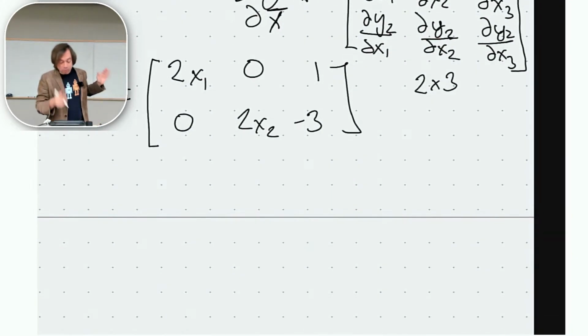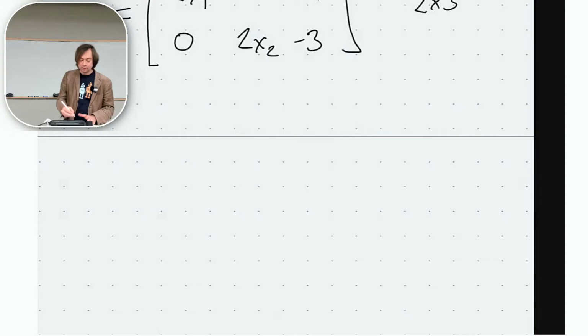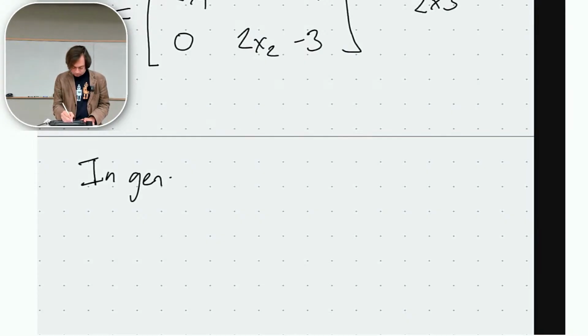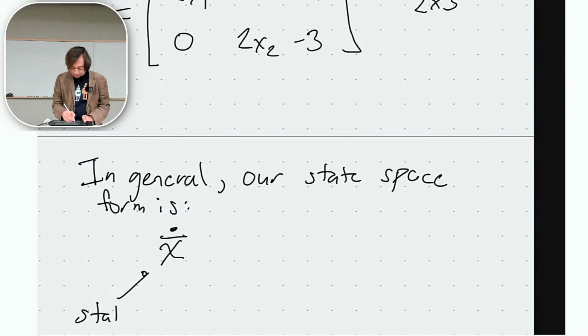So, that's just an example of a Jacobian. But here, in general, our state space form is x dot, where that is, again, our state vector derivative.